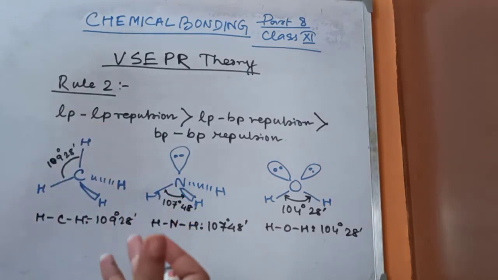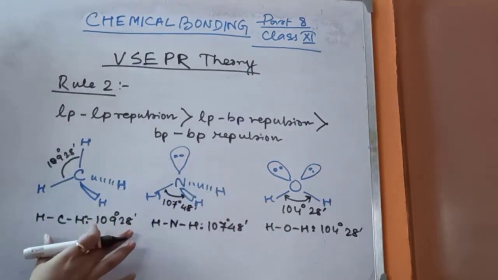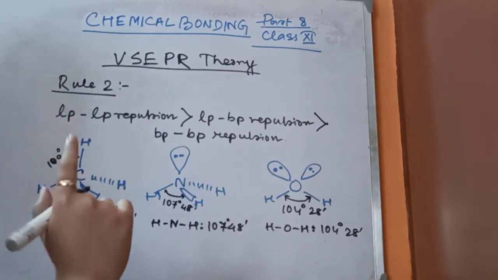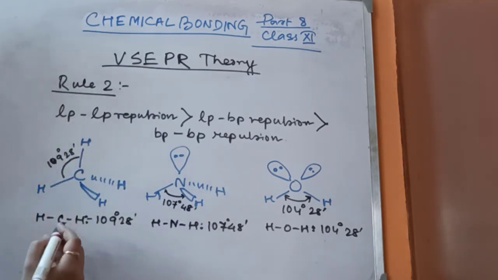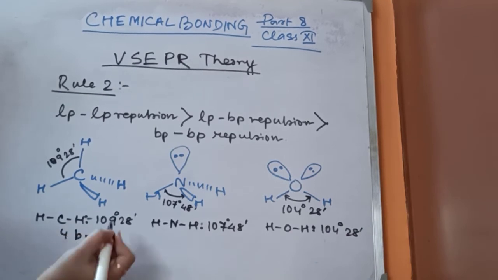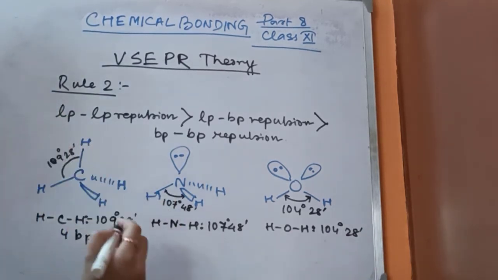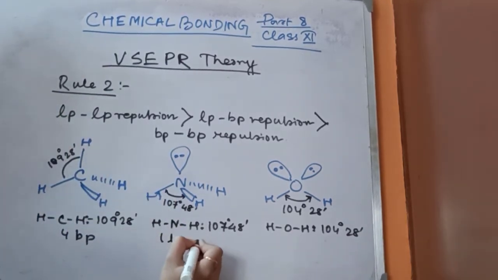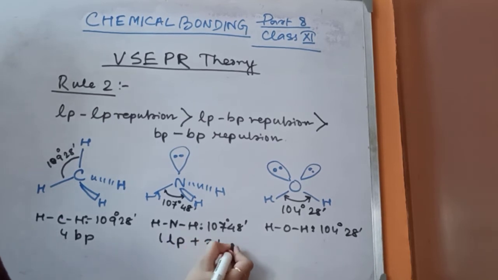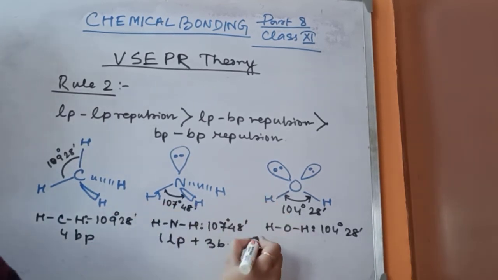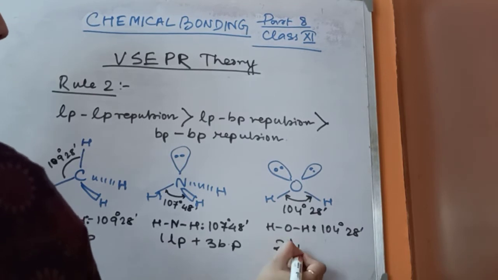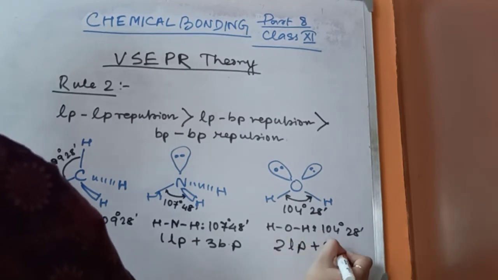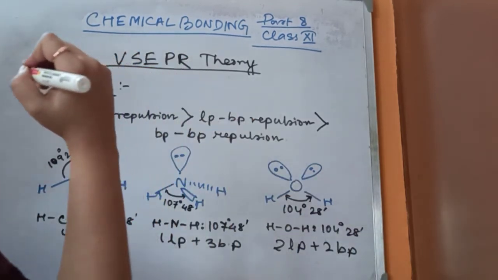Now why does this happen? It is evident that in methane we do not have any lone pair. There are only 4 bond pairs. In ammonia we have 1 lone pair and 3 bond pairs. In water we have 2 lone pairs and 2 bond pairs.